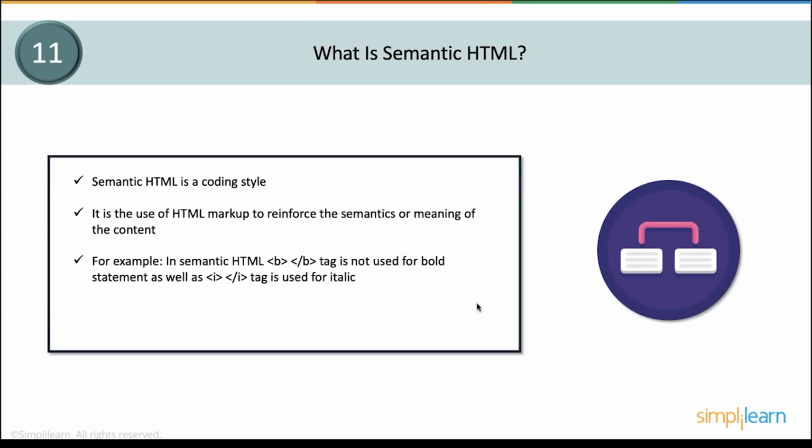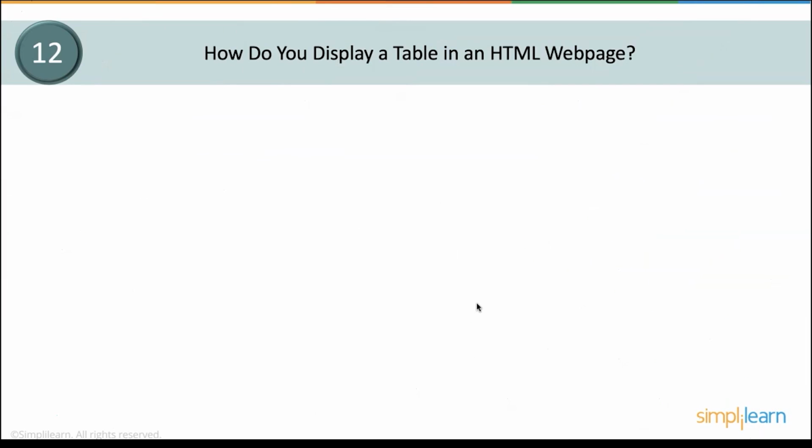So semantics are nothing but standard tags. Are we clear? So you can see here the bold tag and the italic tag are not semantic, so instead we are using strong and em tags. Are we clear now? So this makes more sense to us.